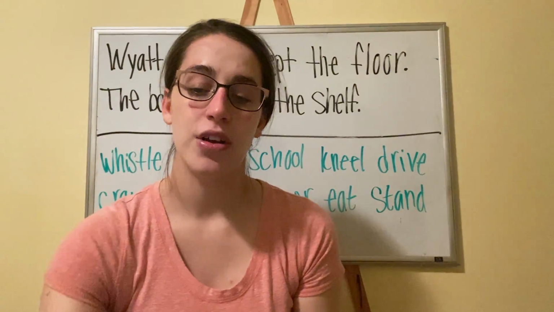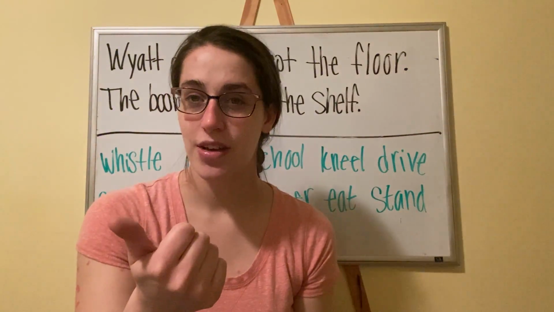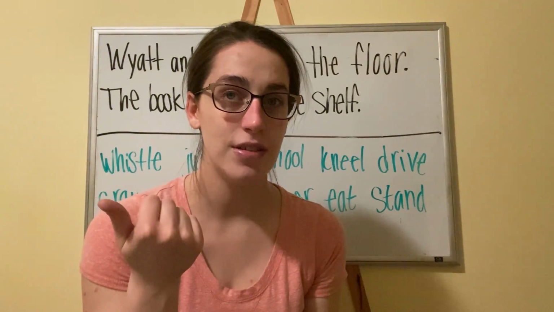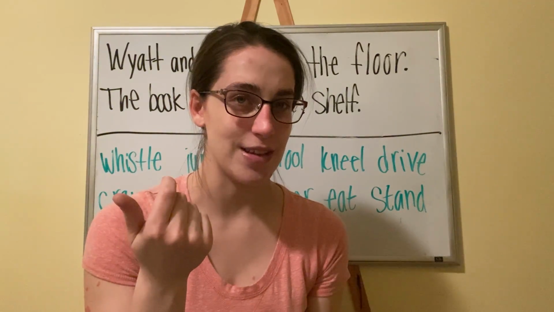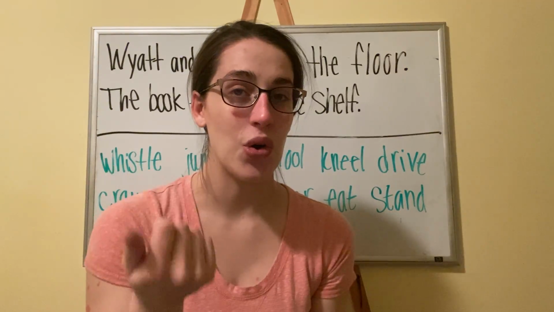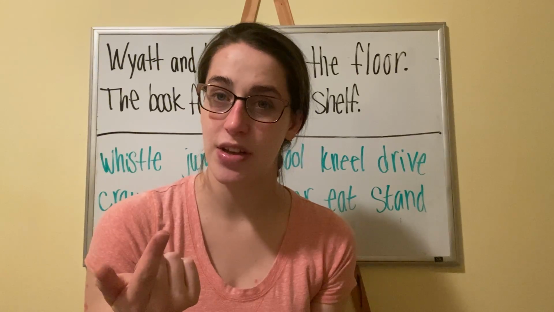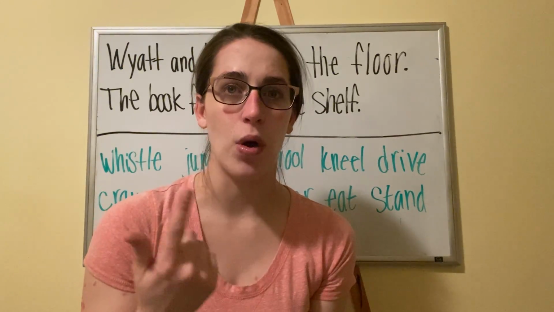Remember that there are two parts to a sentence. You've got the subject, which is, I'm pausing because I'm hoping you'll fill in the blanks. Your subject is who or what the sentence is about, and your predicate is what's happening, what it's doing.